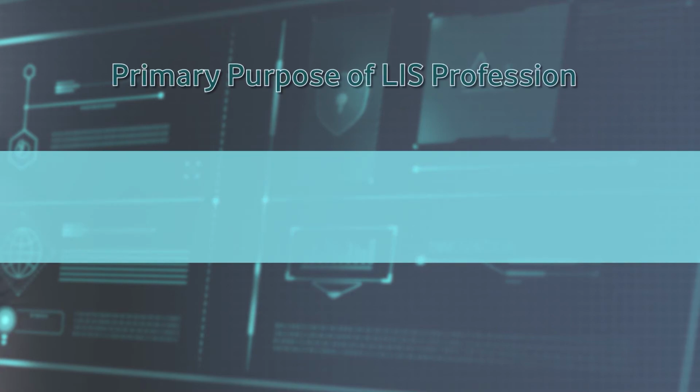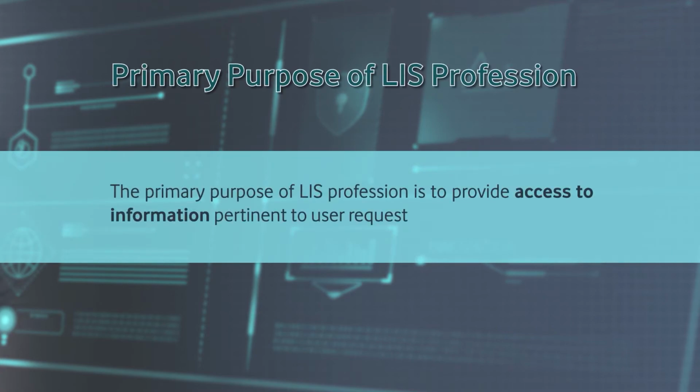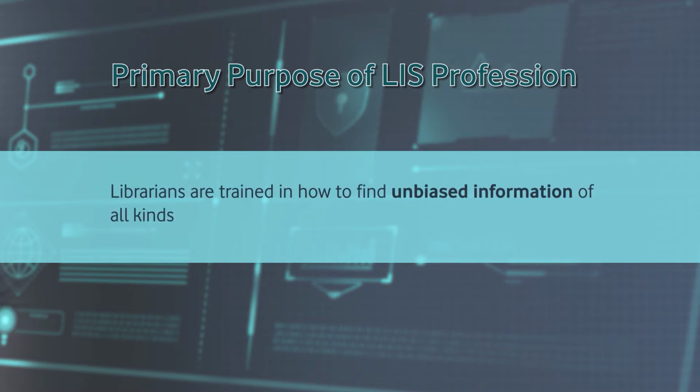And the primary purpose of the LIS profession is to provide access to information pertinent to users' requests. And the librarians are trained in how to find unbiased information of all kinds. When we talk about unbiased, it means with honesty, without any kind of discrimination. You are supposed to provide the information honestly.